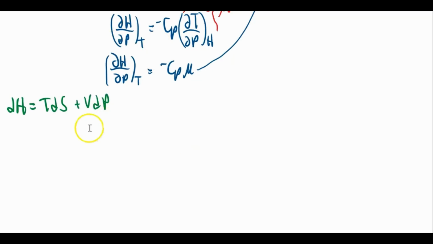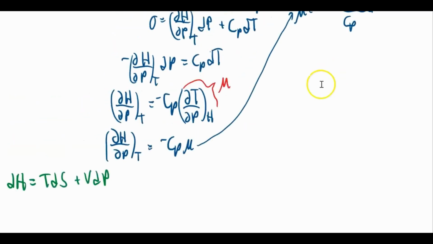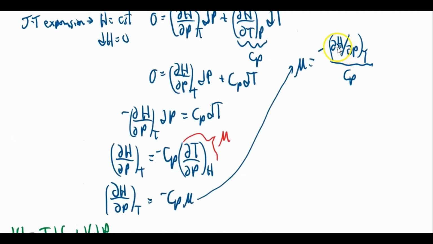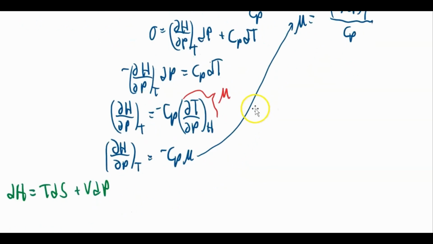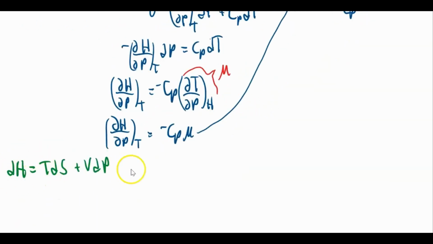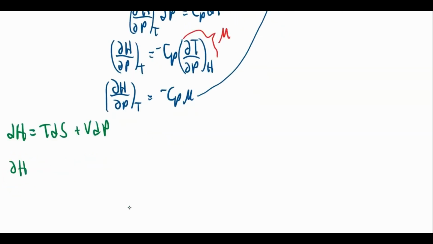This is one of our fundamental equations. We want the partial derivative of enthalpy with respect to pressure, holding temperature constant, so we divide both sides by dP and change these to partials, partial H over partial P.